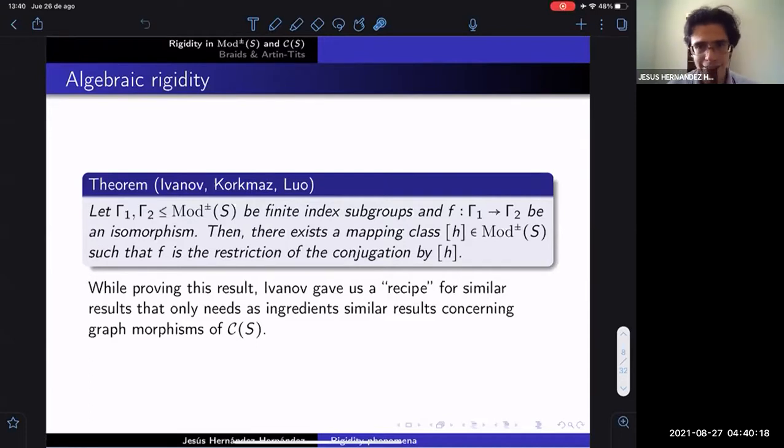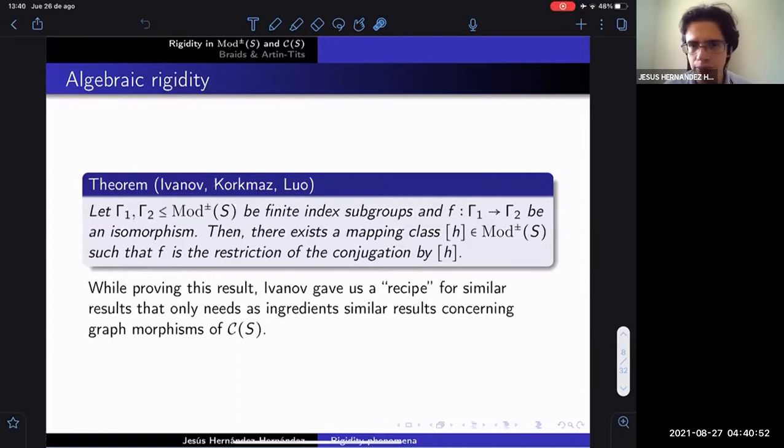So in this case, it's just a matter of, okay, I take the rigidity proof via Tits buildings, and I just bring it over, sort of like translate it into the mapping class group setting. Things have to be proved, but they are not that hard. And by that, I mean that Ivanov did it in less than a page. So we have that. And moreover, the way that Ivanov proved this result is sort of algorithmic.